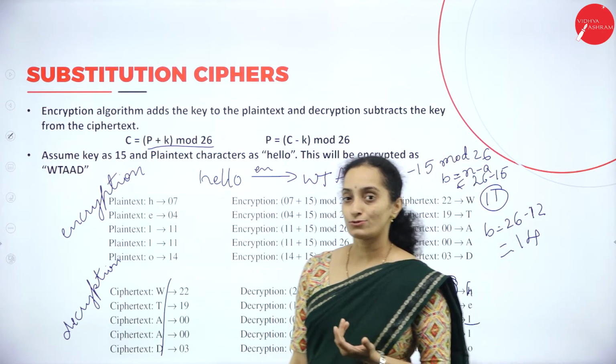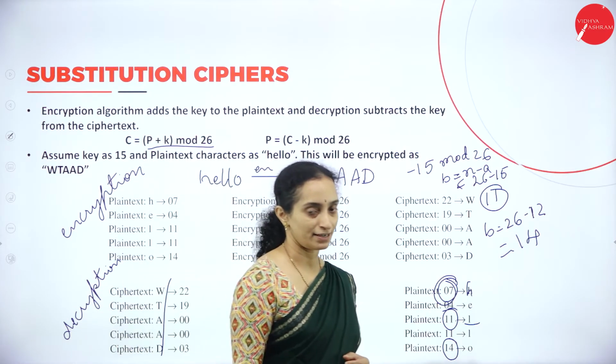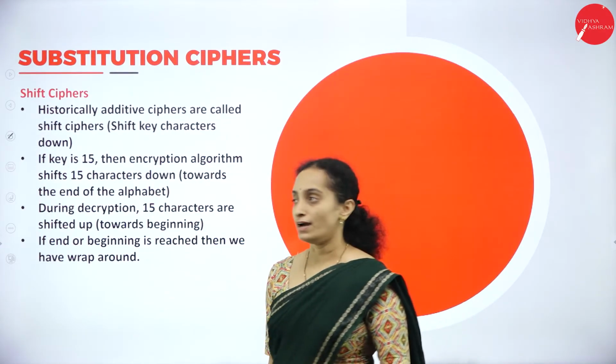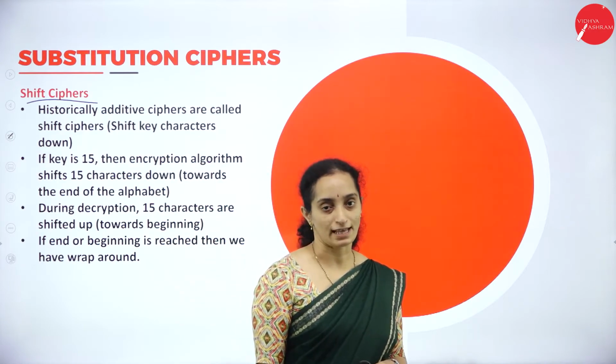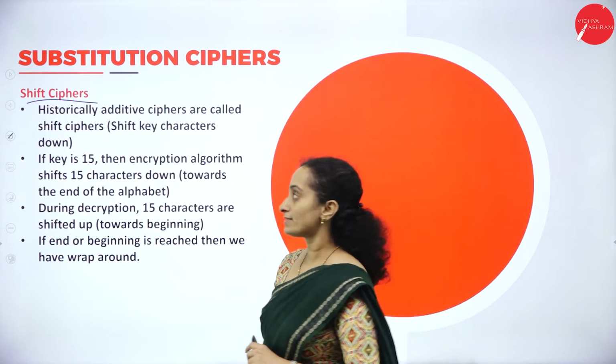We shall see the use of multiplicative inverse in the next method of ciphering. For the additive cipher, we have another name, which is the shift cipher. Why is it called a shift cipher?